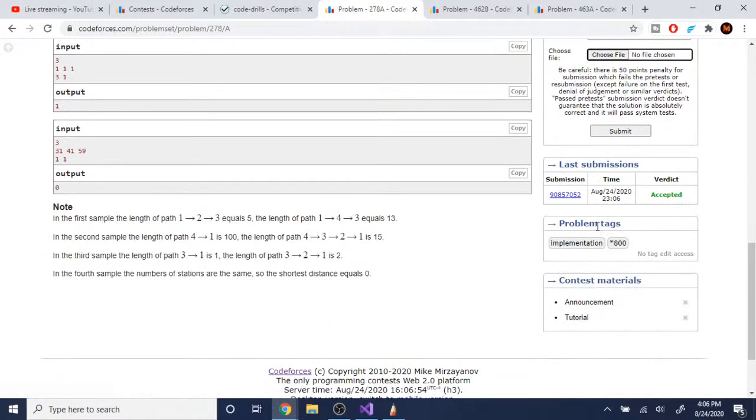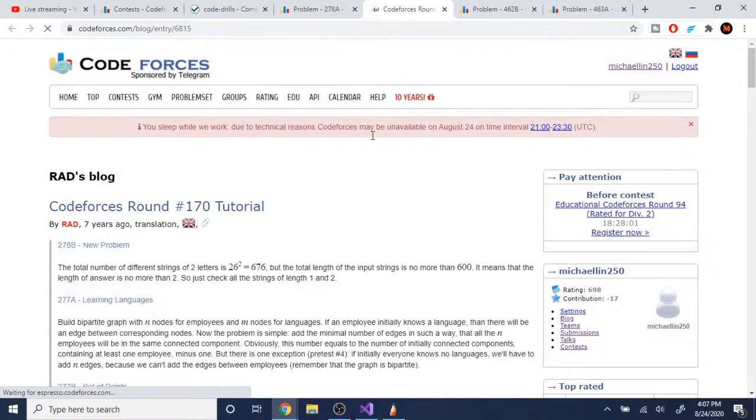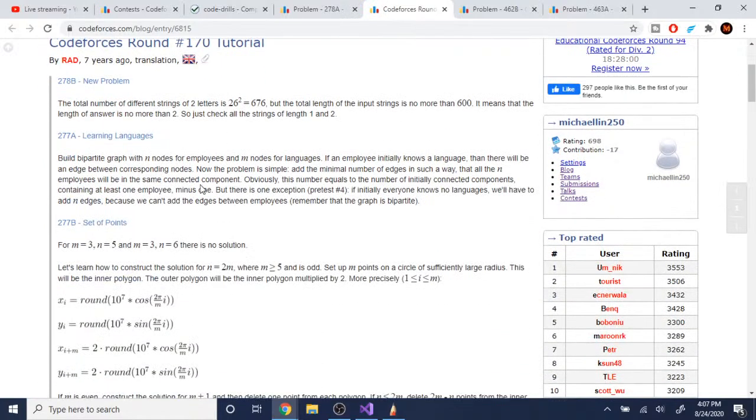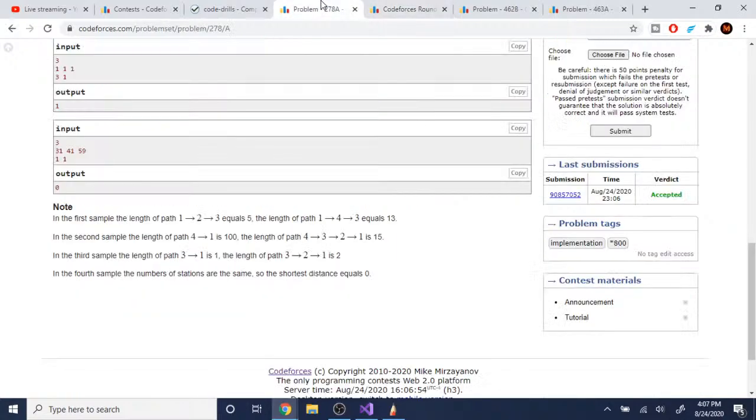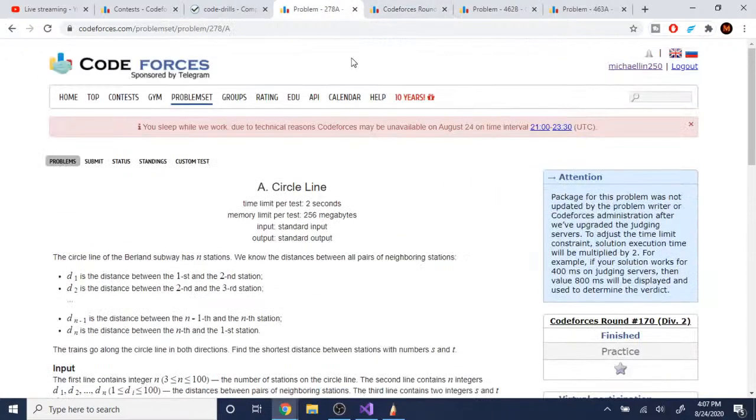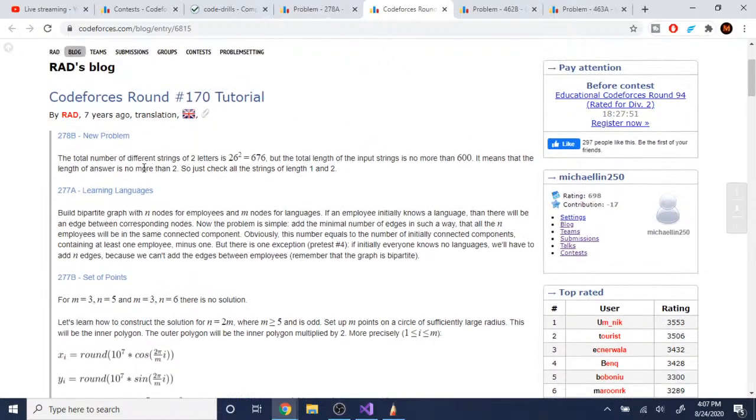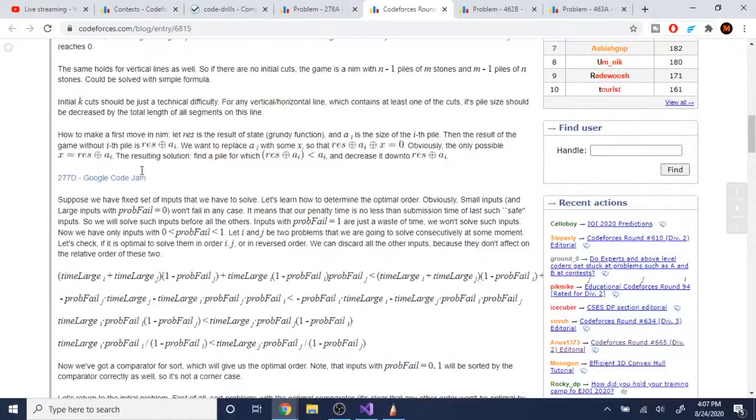Let's look at the editorial to see if there's a faster way to do it. I don't know where it is. What was the problem? Circle line? Do they even have it?